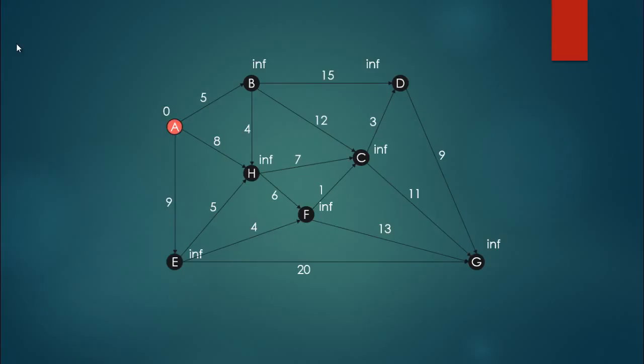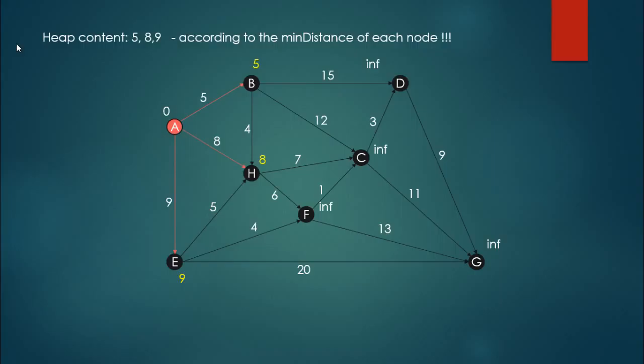We have to select a start vertex, and it's going to be A. Dijkstra's algorithm works as follows. We are going to visit all of its neighbors, and we are going to maintain a heap, and we are going to store the minimum distances on this heap according to the min distance of each node.